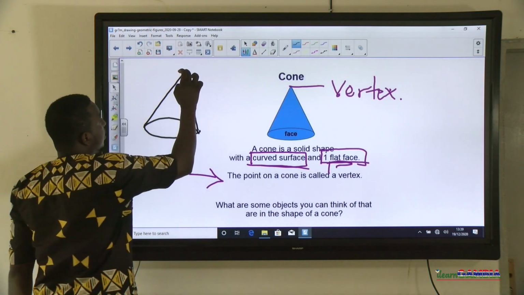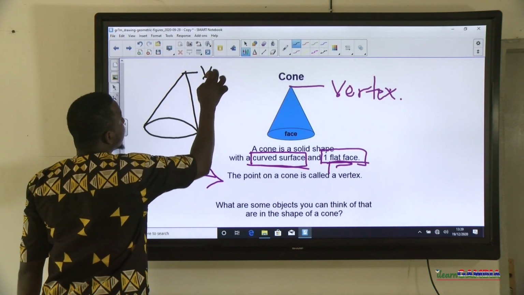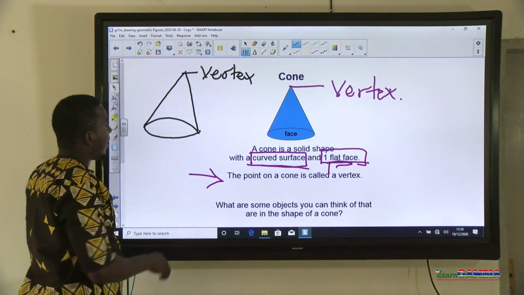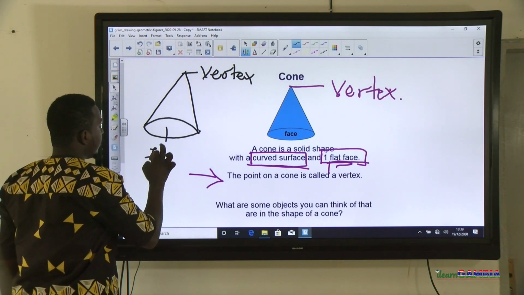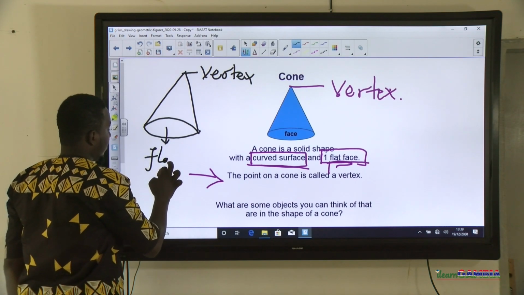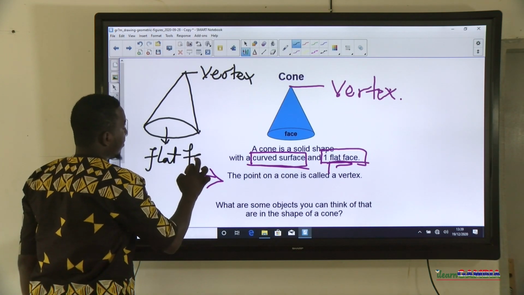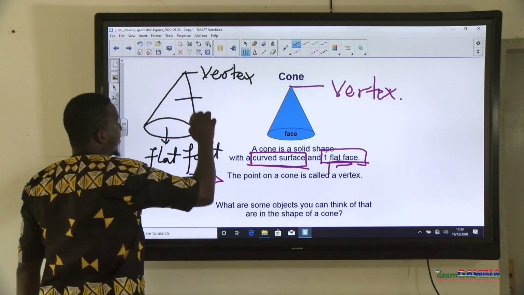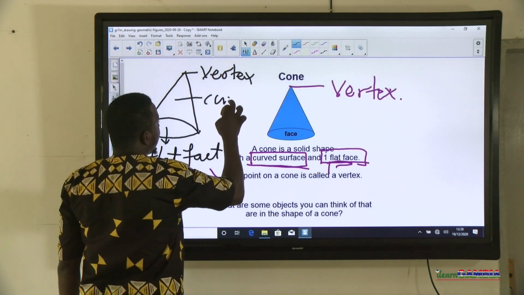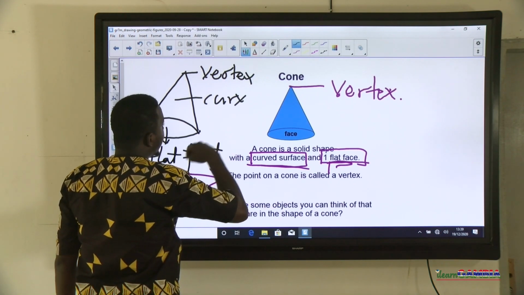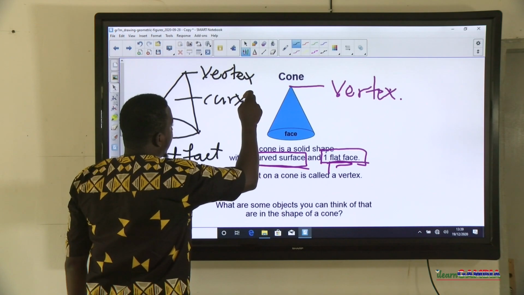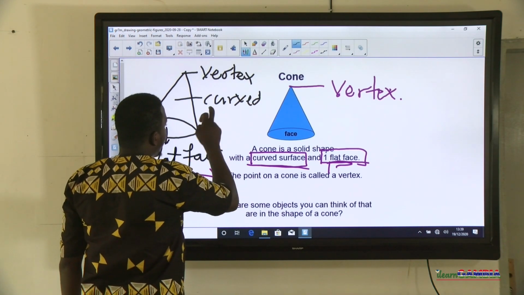So here is the point where we call the vertex. And here is where we have the flat face. So this here is the curved surface.